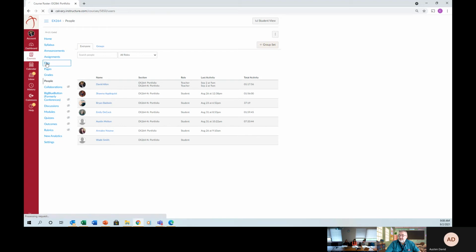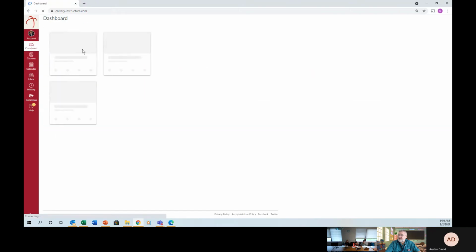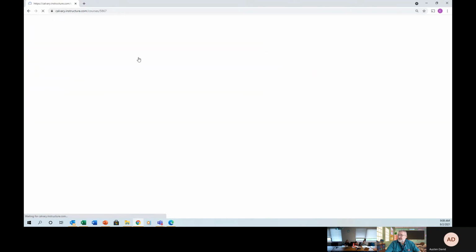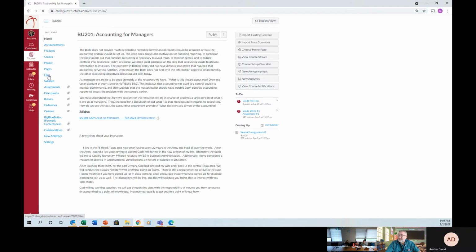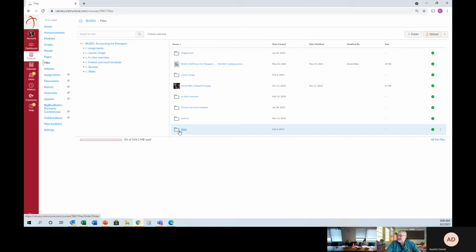If you go into files, why is my computer going so slow today? Oops, I'm in the wrong class there. That's why it's not wanting to come up. So now we'll go into files. And then you see this folder here that says in-class exercise?